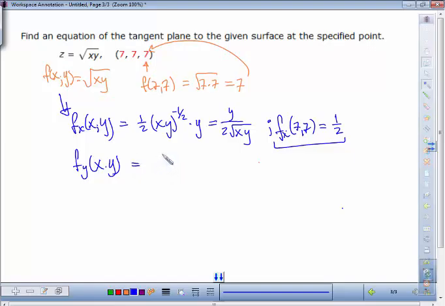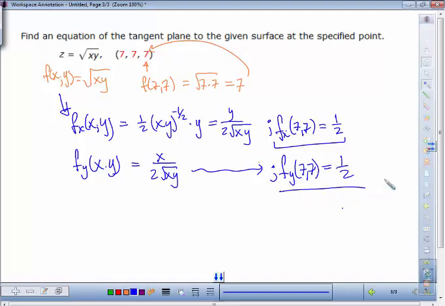So I'm just going to say x over 2 square root of xy. And then when I put 7, 7 in there, I'm also going to get a 1/2. So the negative 1 then would just give me my z component.